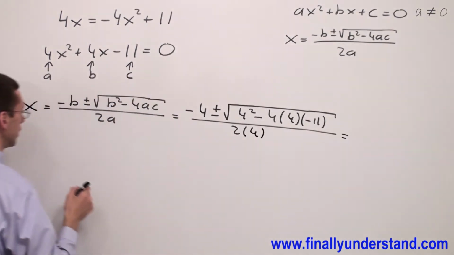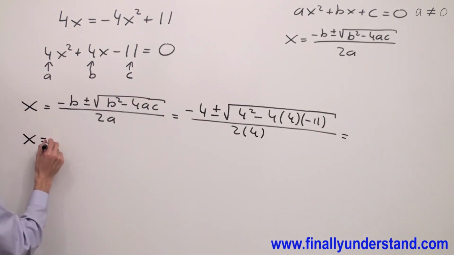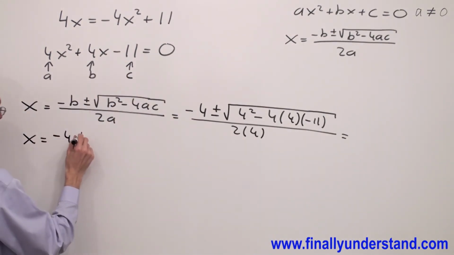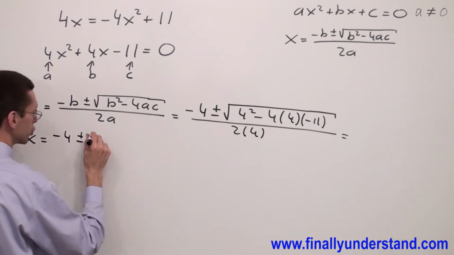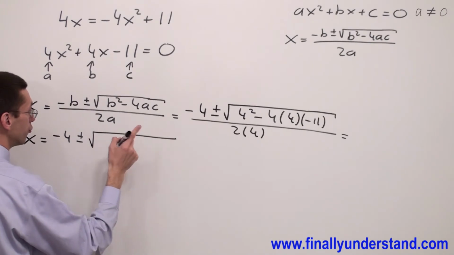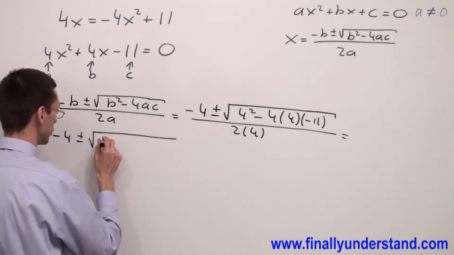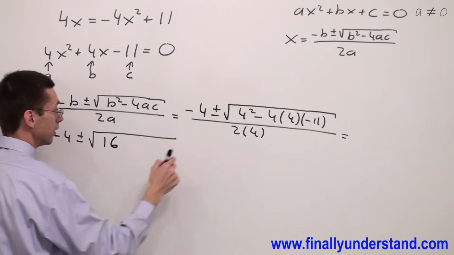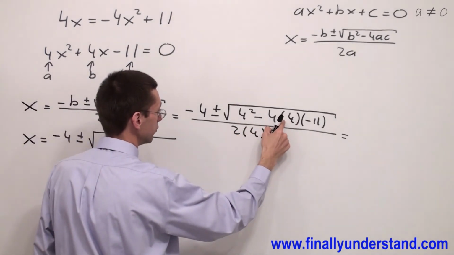Equals, and I have x equals negative 4 plus minus square root, and I have 4 to the second power, which is equal to 16. Negative times positive is negative.